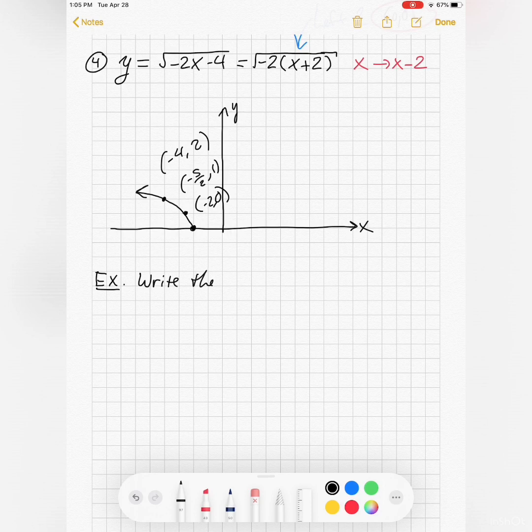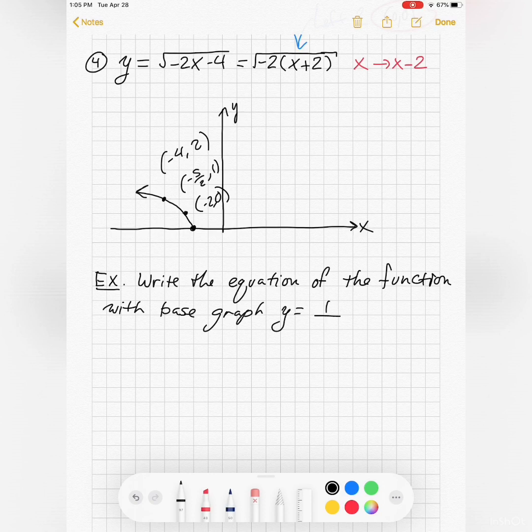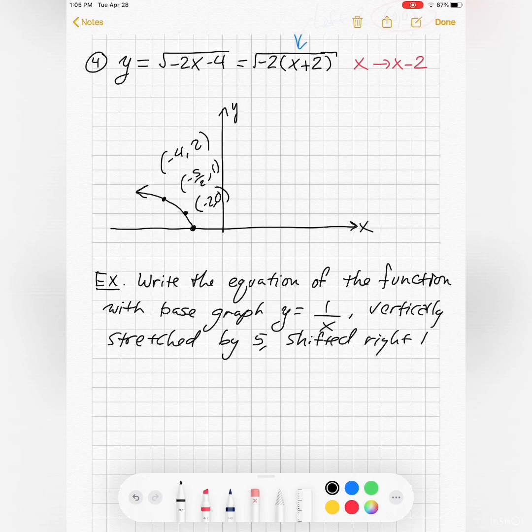Let me say, write the equation of the, let's say, function with base graph y equals 1/x, say vertically stretched by 5, shifted right 10, and down 2.